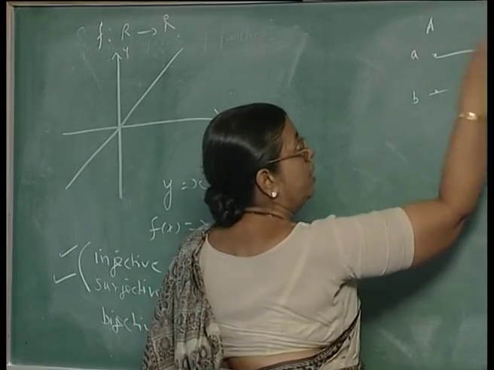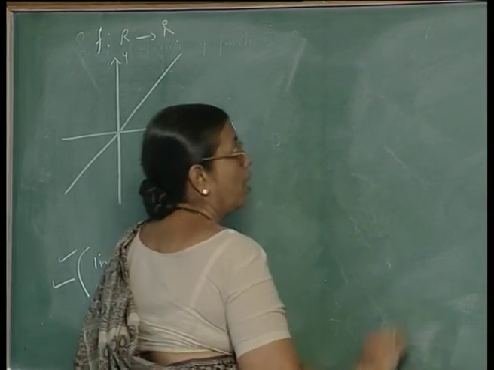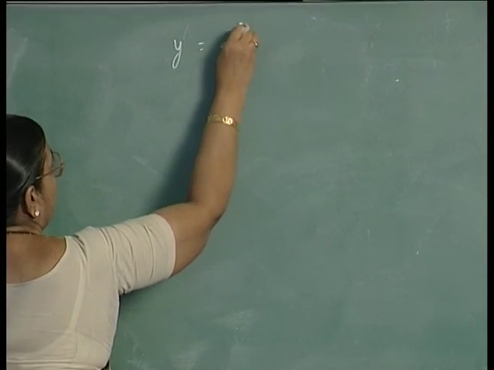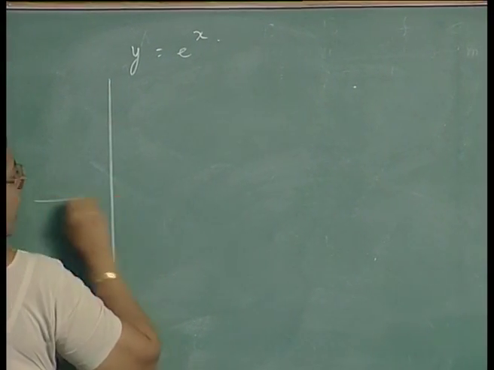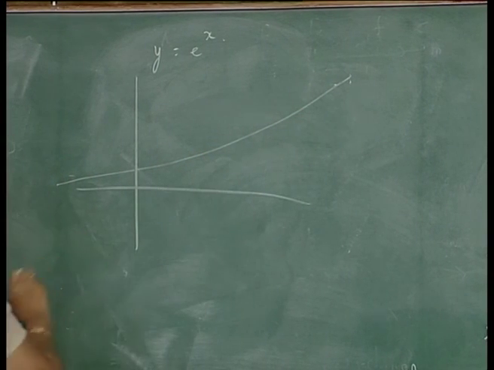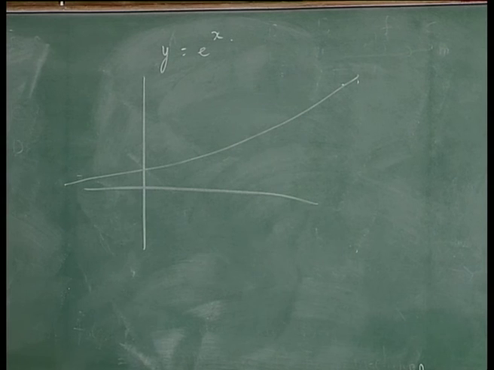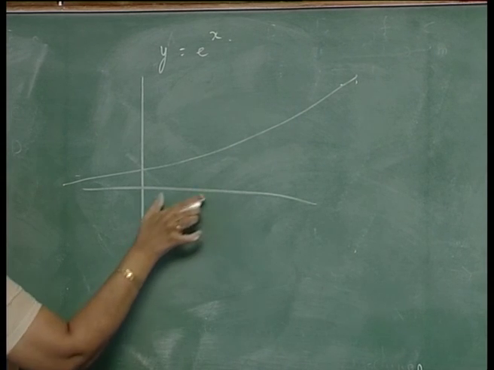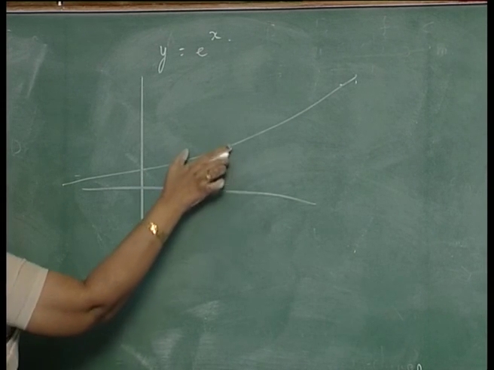Now, look at the function y is equal to e power x. The graph will be like this. What can you say about this? Different elements will be mapped onto different elements.